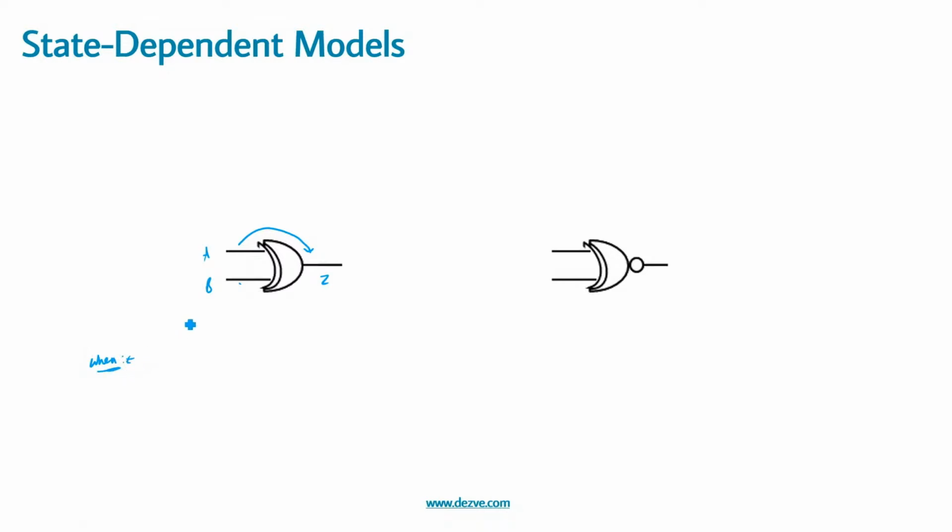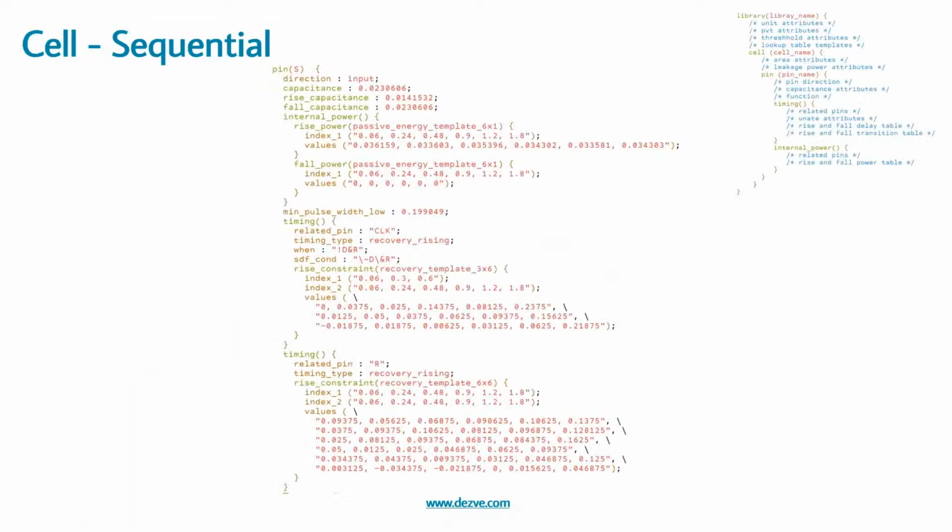When means this particular measurement was characterized with this particular node as 1 or 0. So these are the state dependent models. If you go back, you might have seen this, so this is the thing we are talking about. SDF condition is basically the same as the when condition, but this is used for SDF generation.